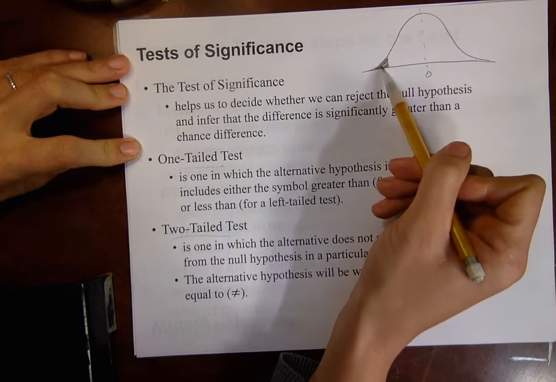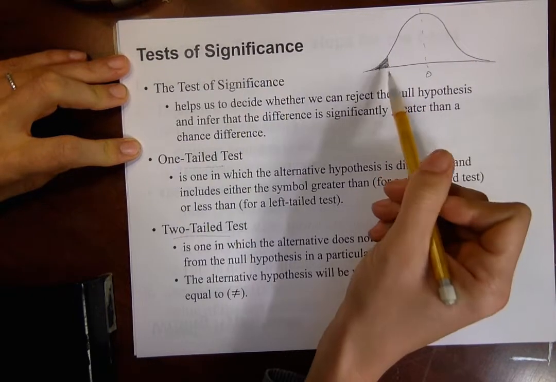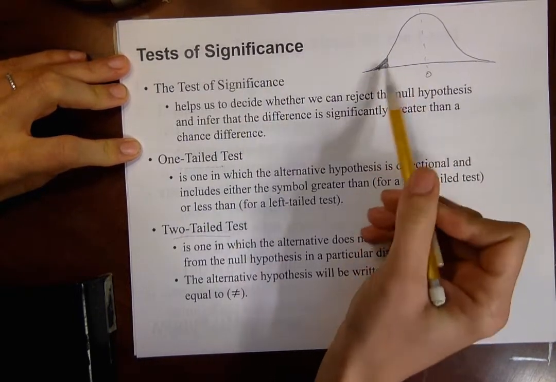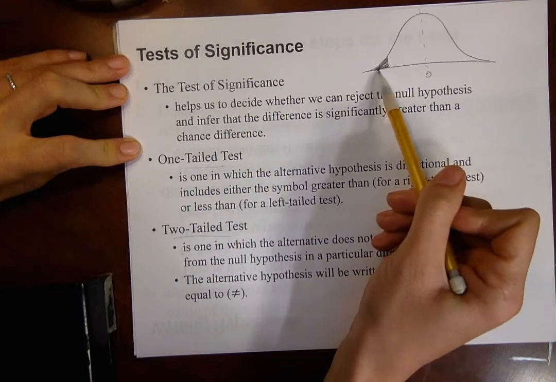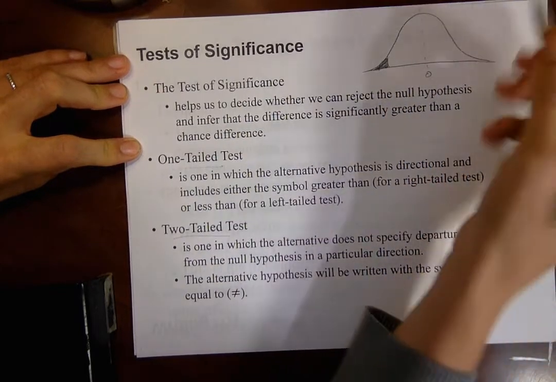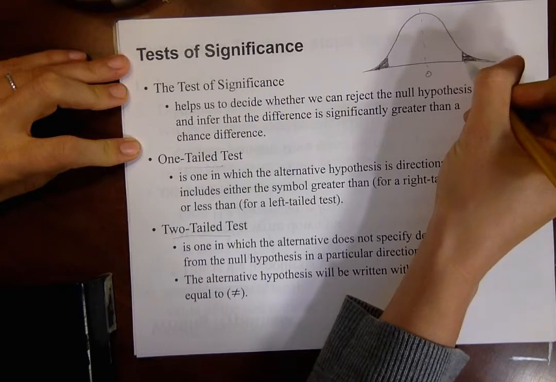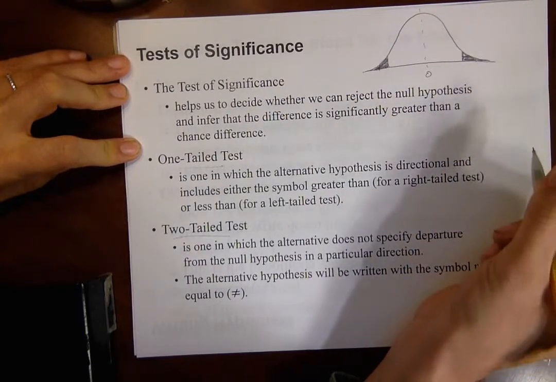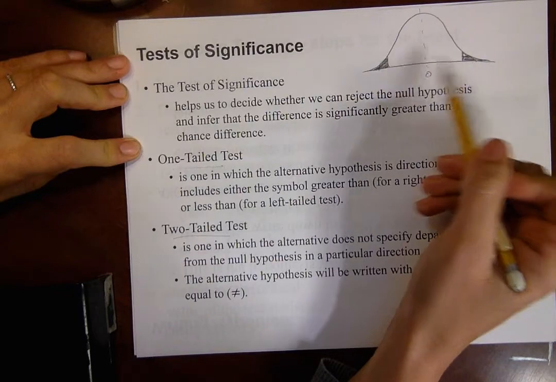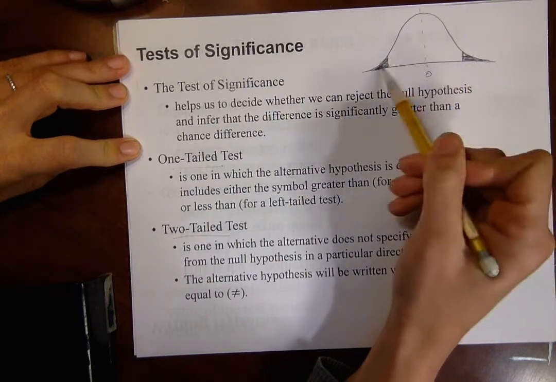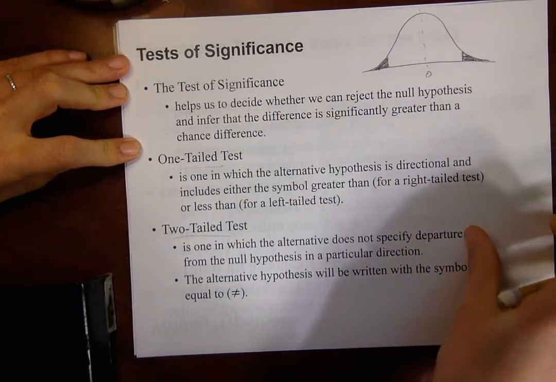If we were looking for a left-tailed test, this would be a one-tailed test on the left. If we were looking up here, then this would be a one-tailed test where we were looking for the right tail of our test. A two-tailed test means that we're going to have rejection regions in either of these two regions.